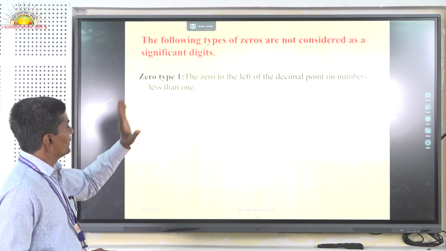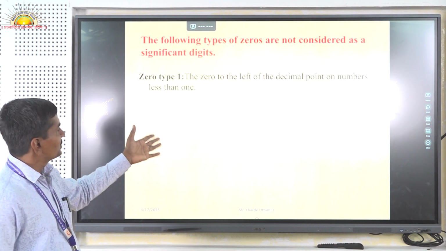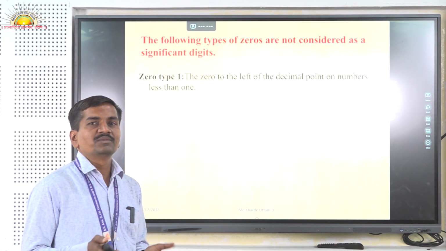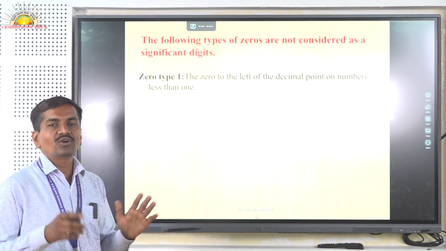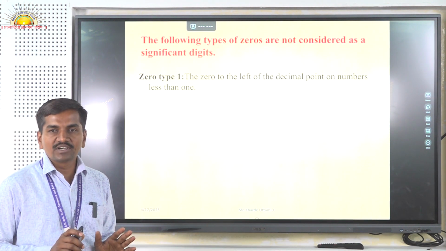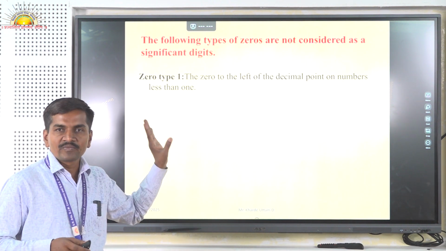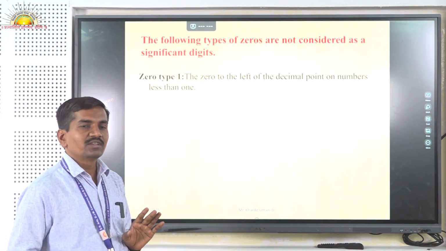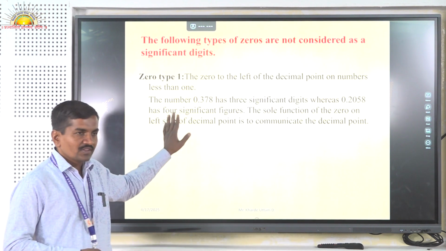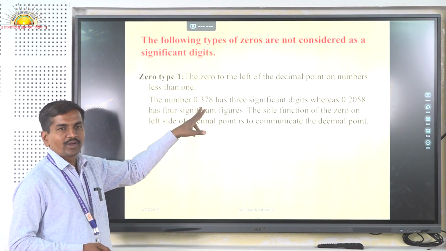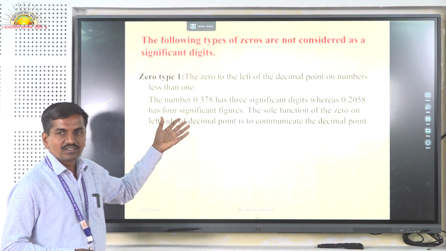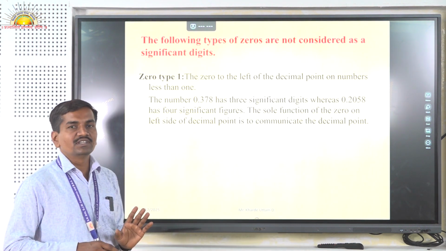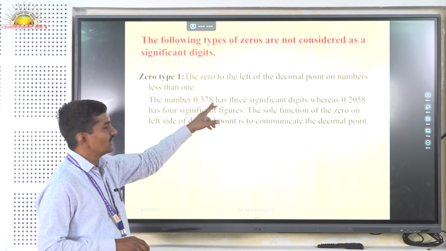The first type of 0, that means the 0 to the left of the decimal point on numbers less than 1, is not considered a significant digit. For example, consider the number 0.0378. This number has 3 significant digits, namely 378.